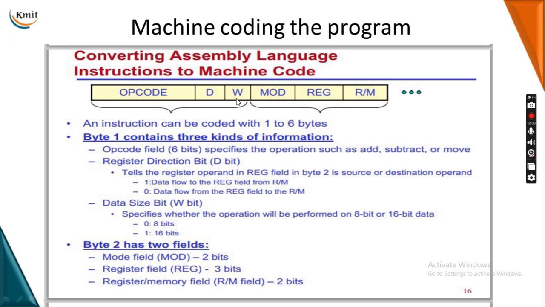Now how much data it has, and what the direction bit is, whether it is a source or destination, whether the data flows to the register field from R/M, or from the register field to the R/M. Getting the point? So that is byte 1. What is this instruction format? The instruction format basically consists of two fields: the opcode and the operand field.